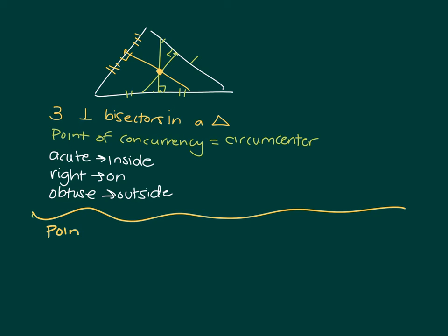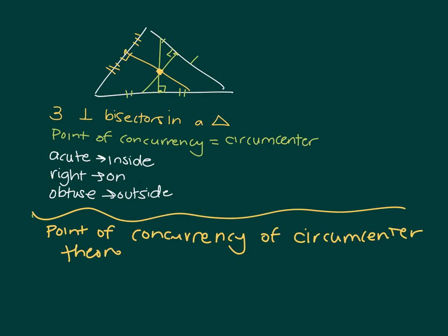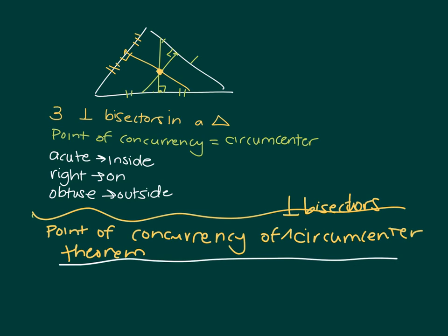And then the point of concurrency of a circumcenter or circumcenter theorem. So the names like concurrency of perpendicular bisectors, or the circumcenter theorem, which said what's congruent?